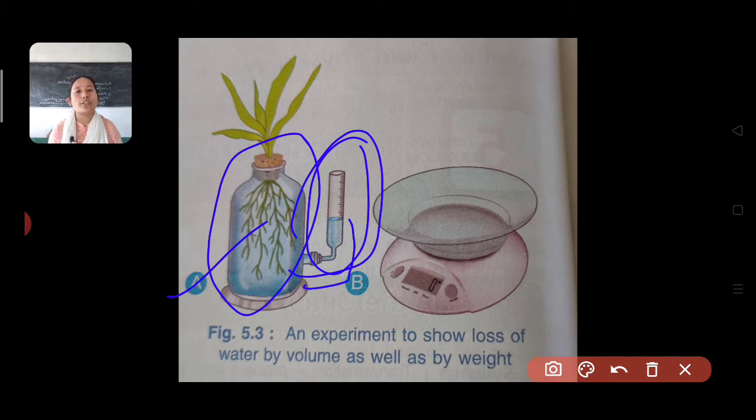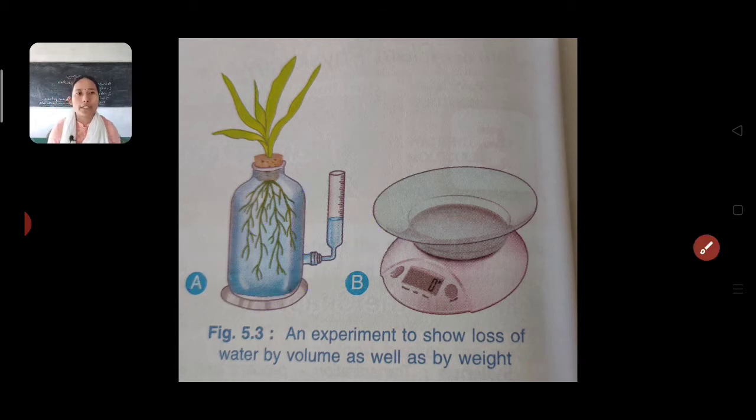So you can do this modification for the weighing method, through which you get to know what volume of water is being lost. It's a simple modification, just introducing a capillary tube. It's a graduated capillary tube, which means you will be able to know what volume of water is being lost.